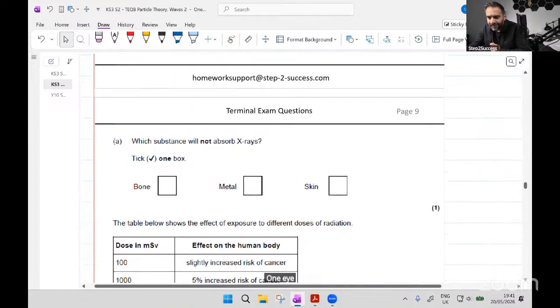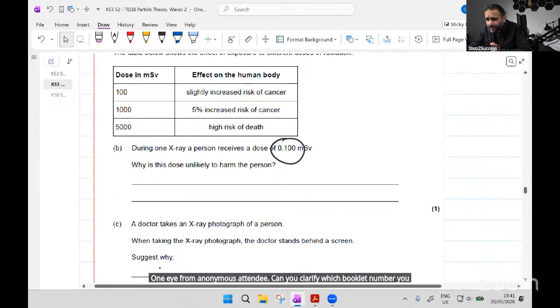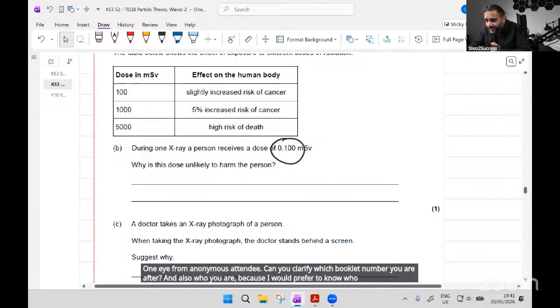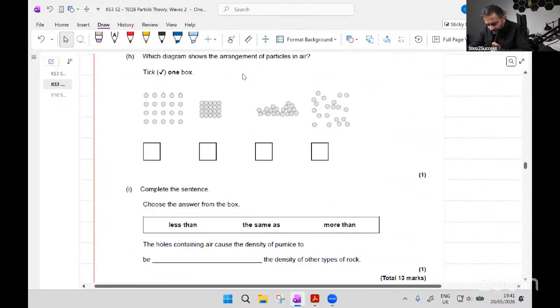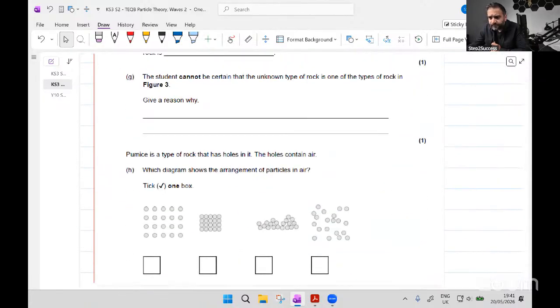1I from anonymous attendee. Can you clarify which booklet number you are after? And also who you are, because I would prefer to know who that is. Any other questions? Again, who is asking those questions?